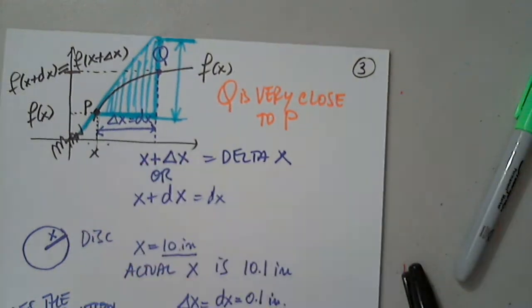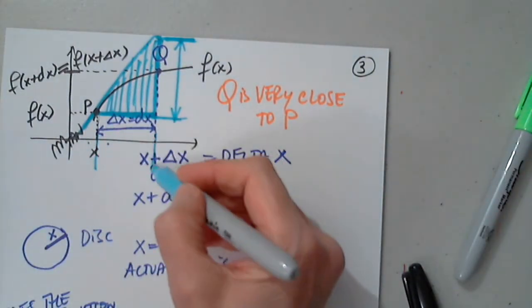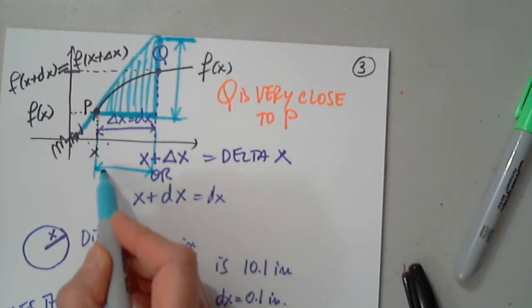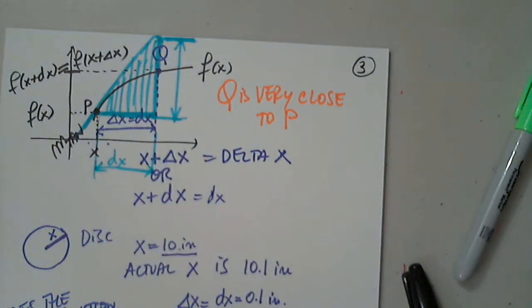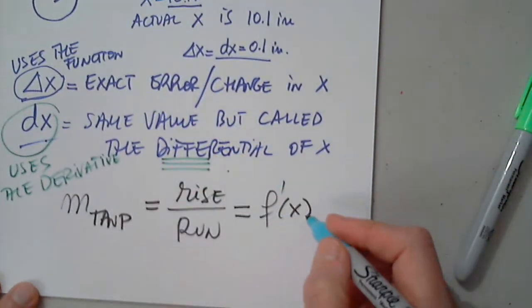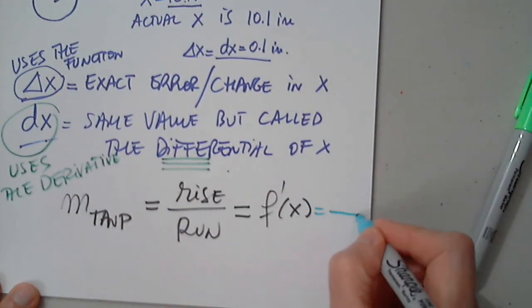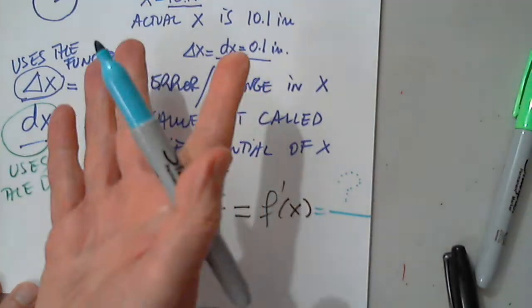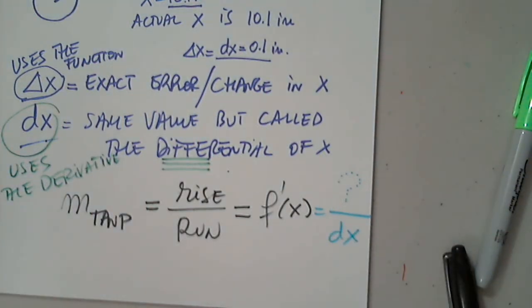And here's the run. Well, we already have it. It's dx. So the rise is something you will tell me in a moment, and the run is dx, clearly. That's no secret there.